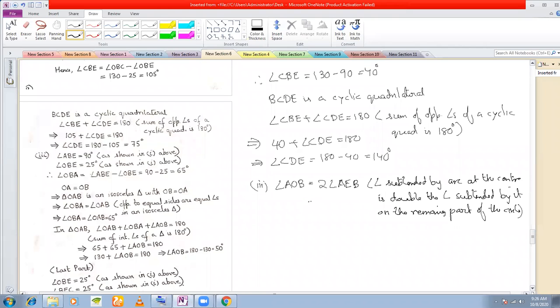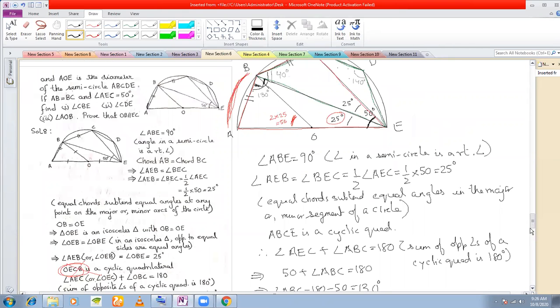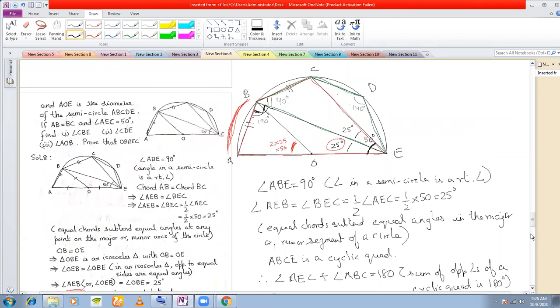Okay. So this is 2 into 25, 50 degrees. Easy one. Fourth one, prove that OB is parallel to EC.